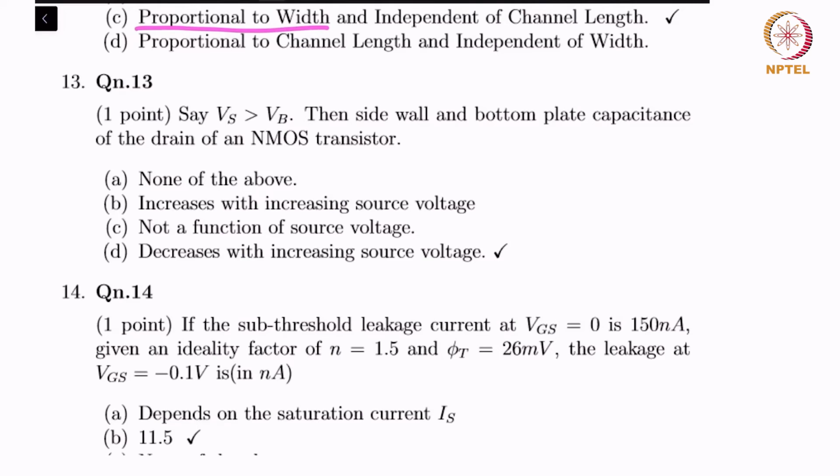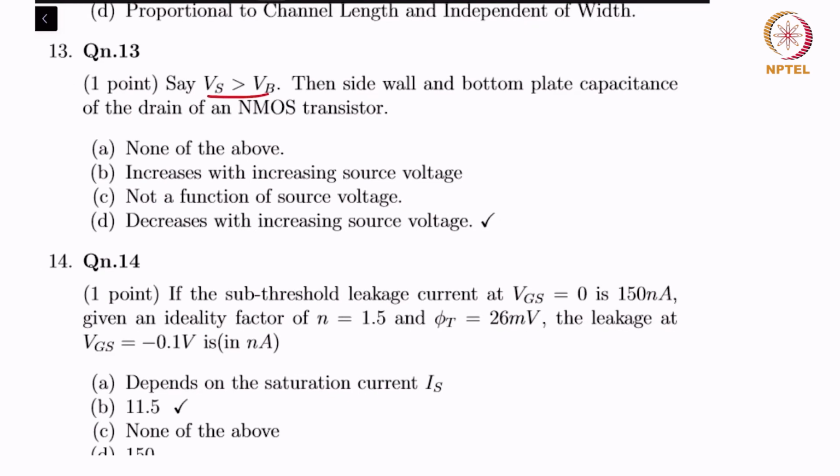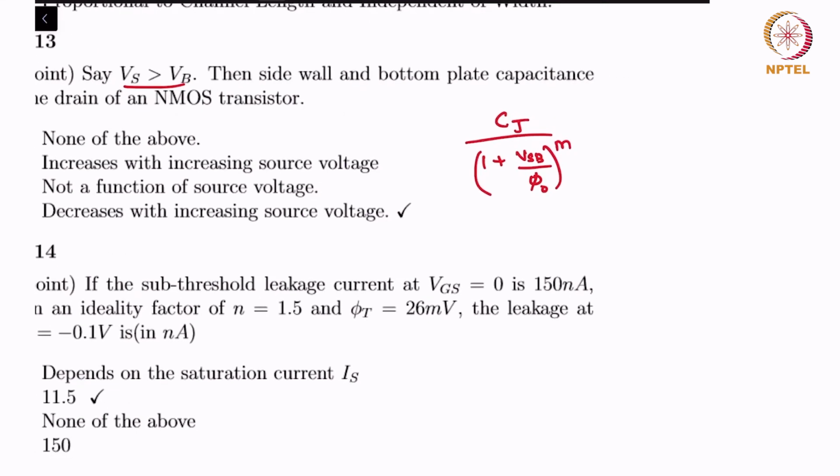So in the 13th question, we are given that Vs is greater than Vb. That is, the source to body diode is reverse biased. And so now we have junction capacitance there, and we just need to know how it varies with increasing source voltage. The capacitance formula is Cj divided by (1 plus Vsb by phi naught) to the power m.